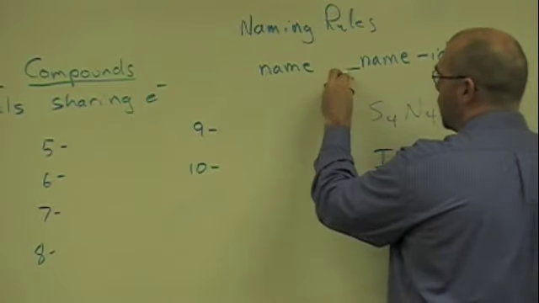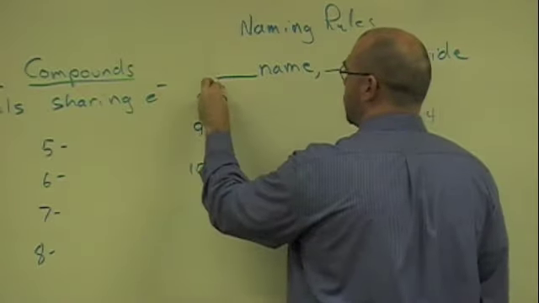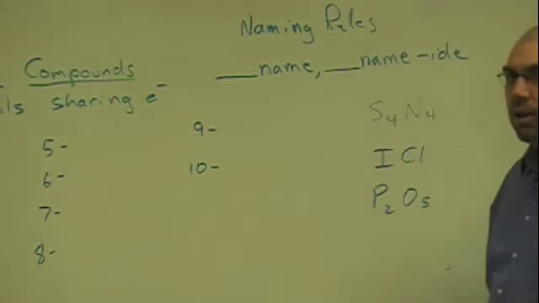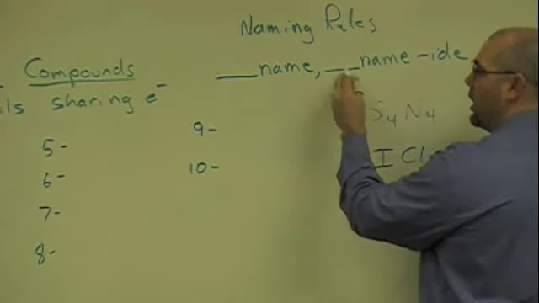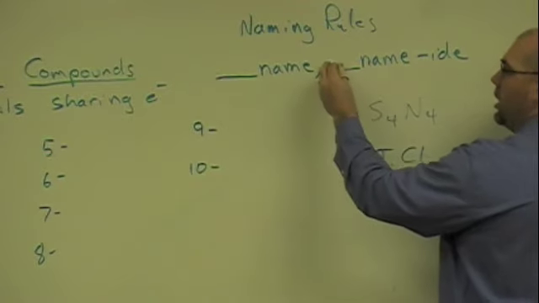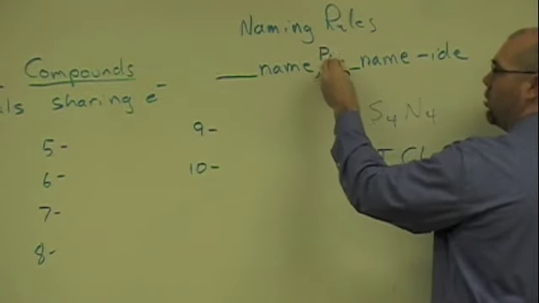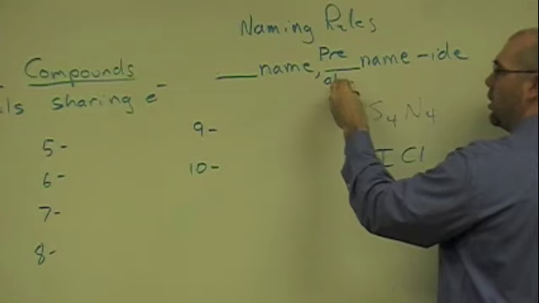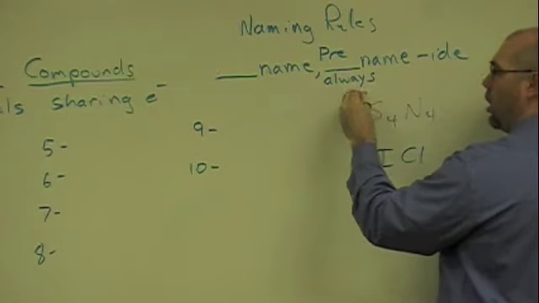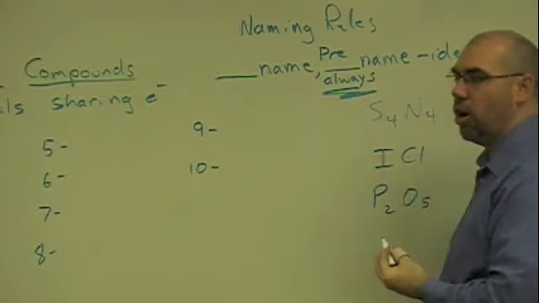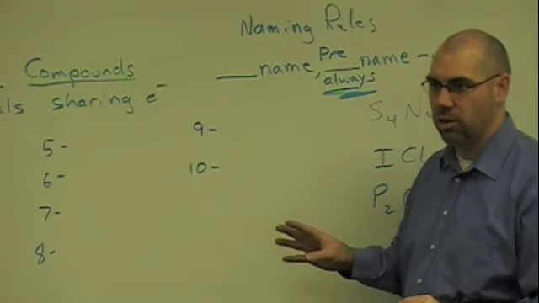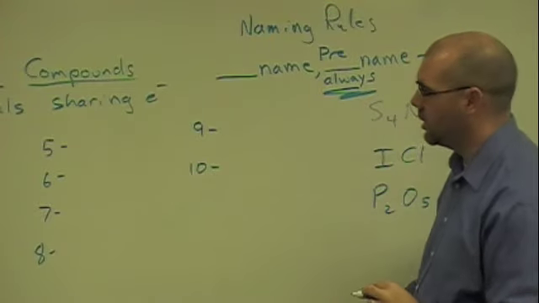But we have to use these prefixes. For the second guy, the one that gets IDE'd, you always prefix. You always use a prefix, whether there's 1, whether there's 10, we don't care, you always prefix.